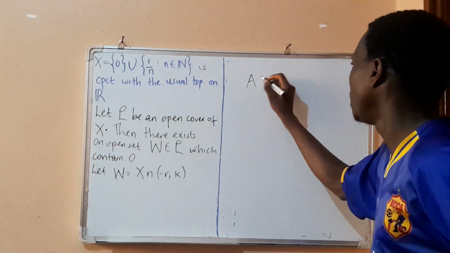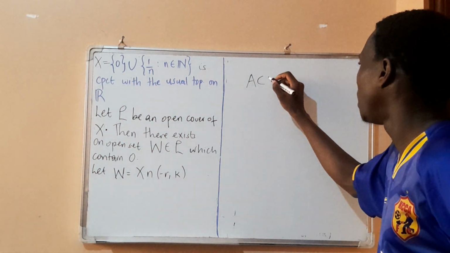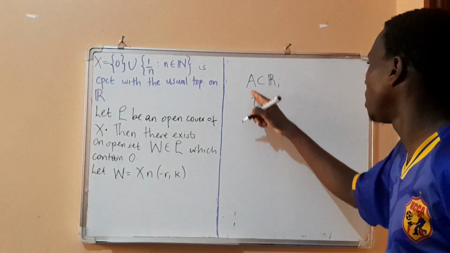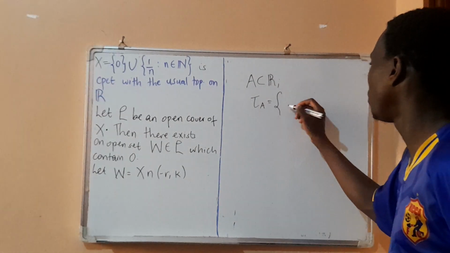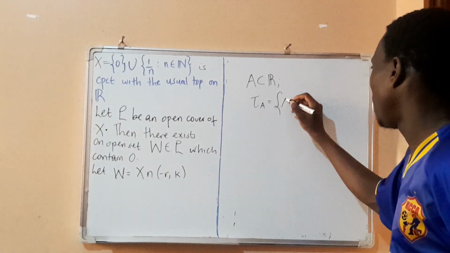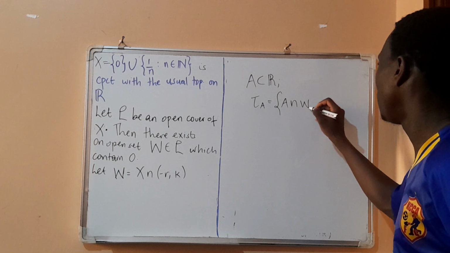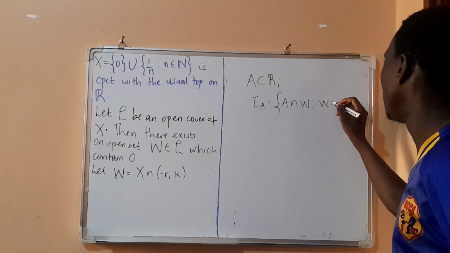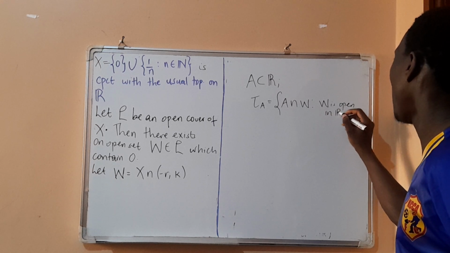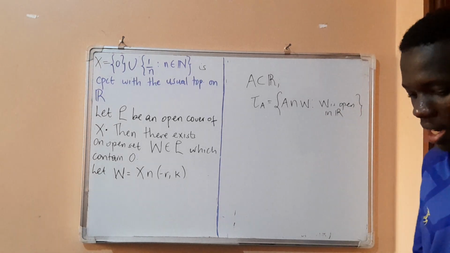If A is a subset of R, then the subspace topology induced by this A is a collection of open sets of this nature: A intersection W, where W is open in R.